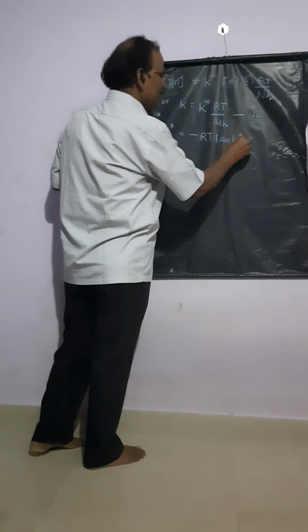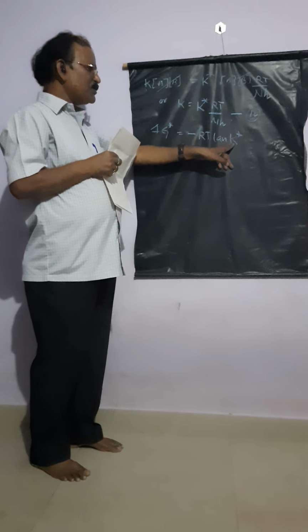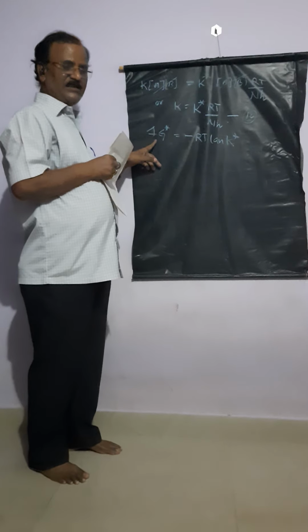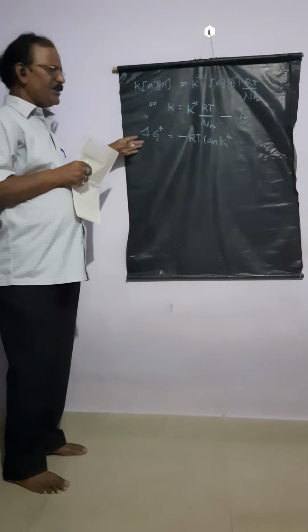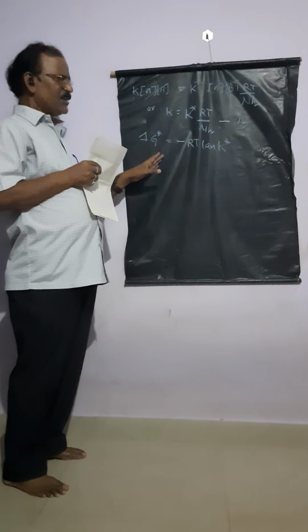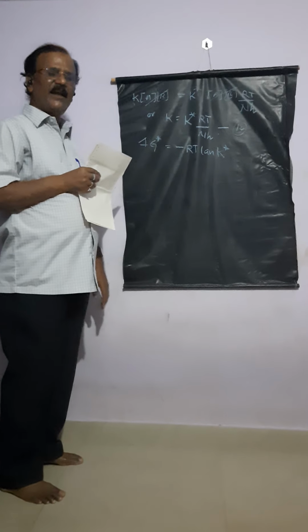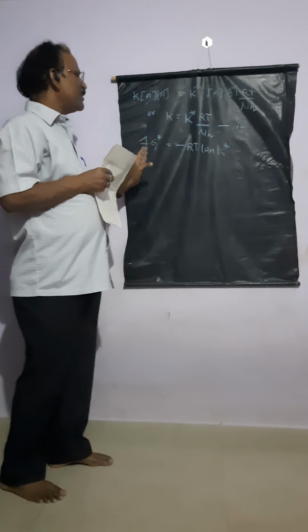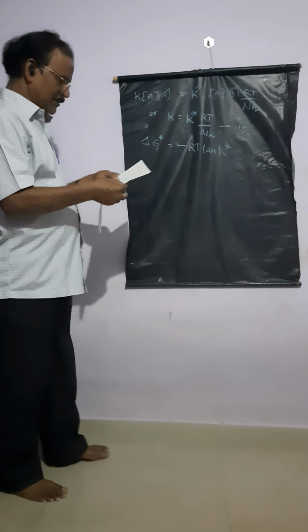So this is the relation between the equilibrium constant and the change in Gibbs free energy. Change in Gibbs energy means the difference between the free energy of the products minus the free energy of the reactants. That is delta G. According to thermodynamics, delta G star is given by minus RT ln K star.